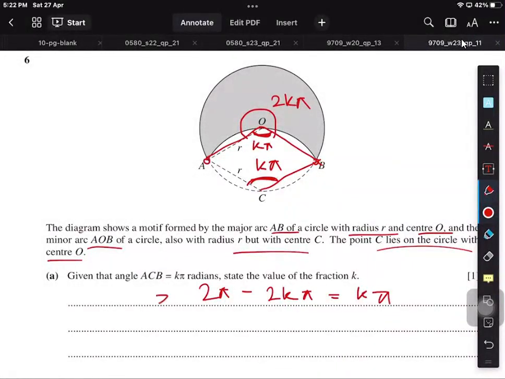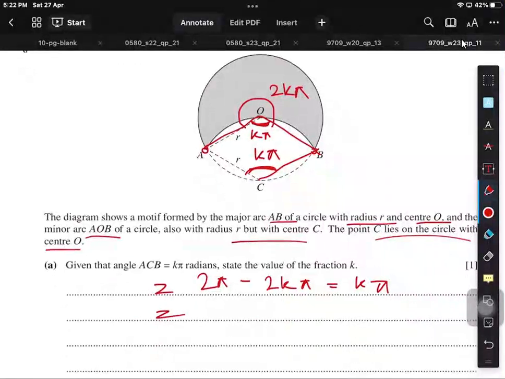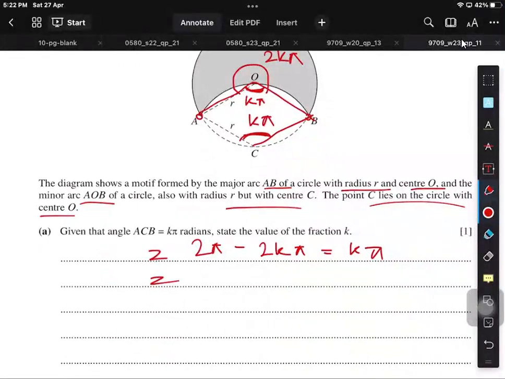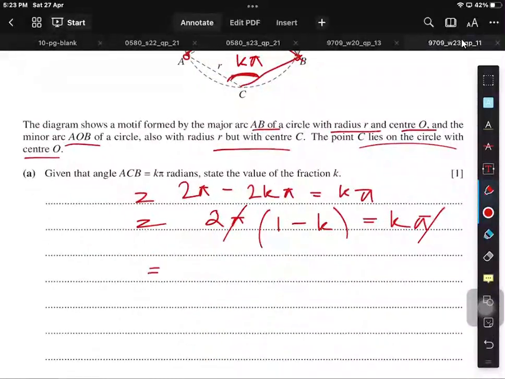So let's figure out the value of k from here. So we can say, let's take 2 pi common here. 1 minus k is equal to k pi. Let's cancel, so we would have 2 minus 2k is equal to k, right?